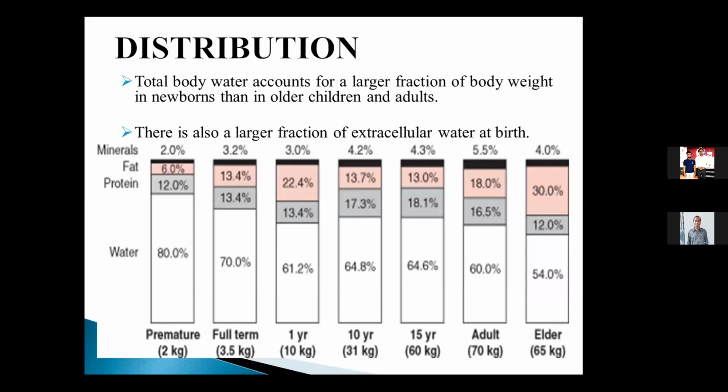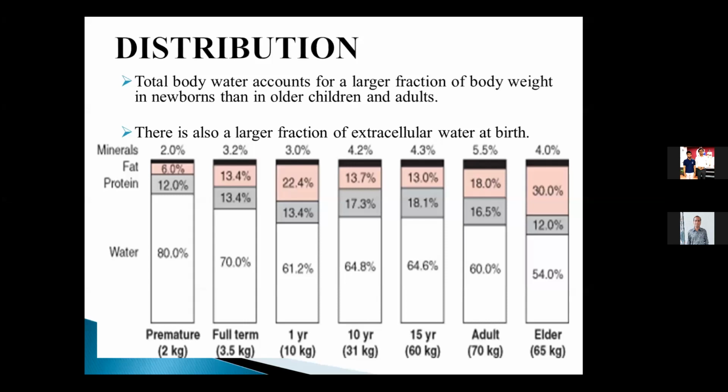For 10 years, weight 31 kg: mineral is 4.2%, fat is 13.7, protein is 17.3, and water is 64.8%. For 15 years, 16 kg weight: mineral is 4.3%, fat is 13%, protein is 18.1, and water is 60.6.